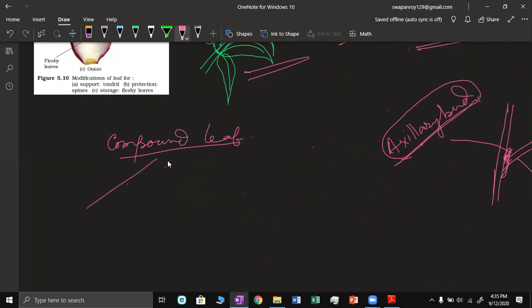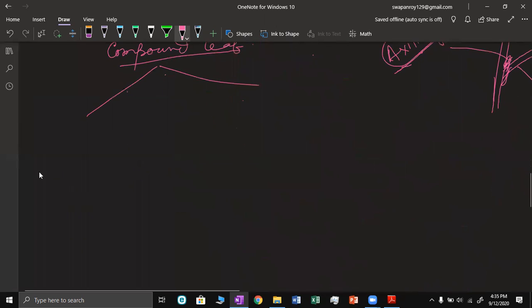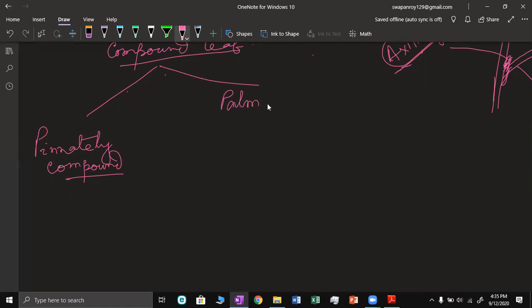This is one type. In the compound leaf again there are two types. One is pinnately compound, and another one is palmately compound. Pinnately compound is the first one, and palmately compound is the second one.